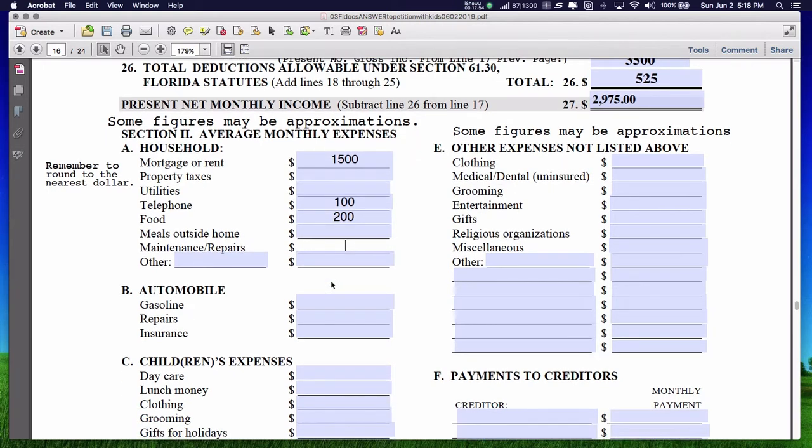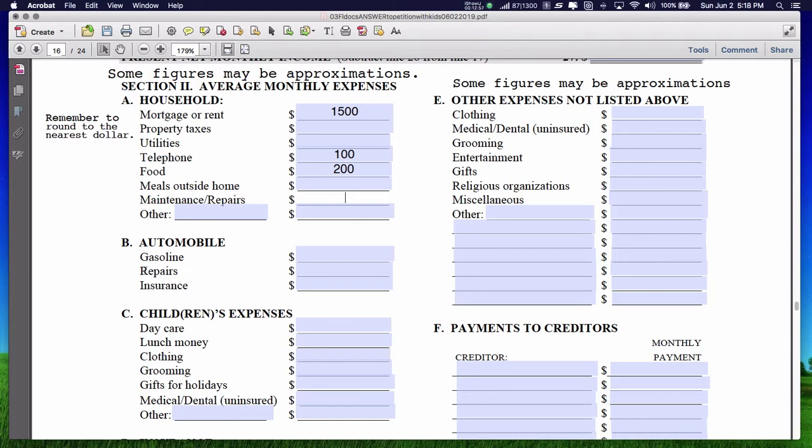Where it gets tricky is something like repairs. Last month there weren't any automobile repairs. The month before you didn't have to make any automobile repairs. But once a year you have to get tires, you have to get brakes, you have to get something fixed. So let's say during the year, just one time, you got tires and brakes and whatnot, and you spent $1,200.